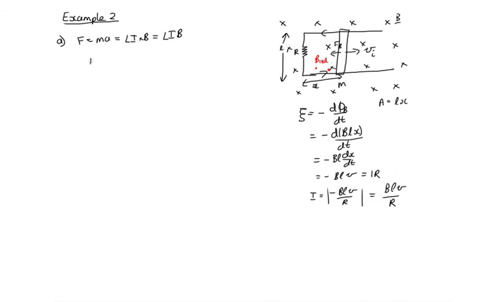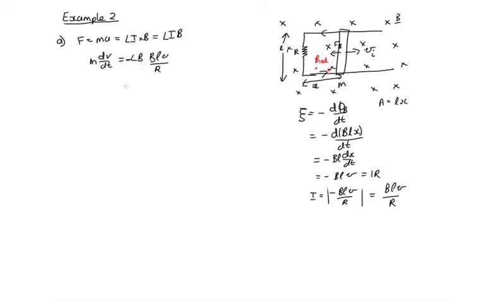Okay, so we've got m a, and a is dv dt, is equal to LB times I, and I is equal to BLv on R. And we've said that the force is in the opposite direction to the velocity, so we're going to need a minus sign there to show that this is negative.